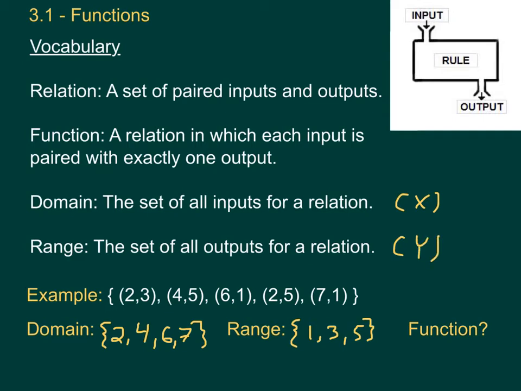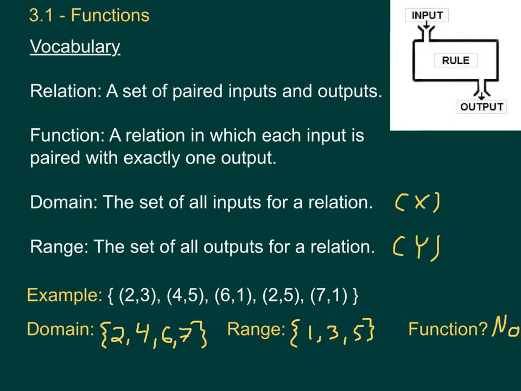So whether or not it's a function depends on if this rule is satisfied. A function is a relation in which each input is paired with exactly one output. So there's a problem here. The 2 is an input. However, the 2 is paired with 2 different outputs, 3 and 5. That's going to tell me that this is not a function.